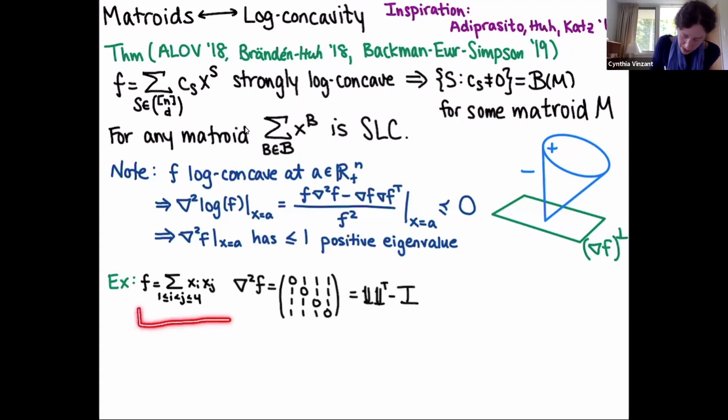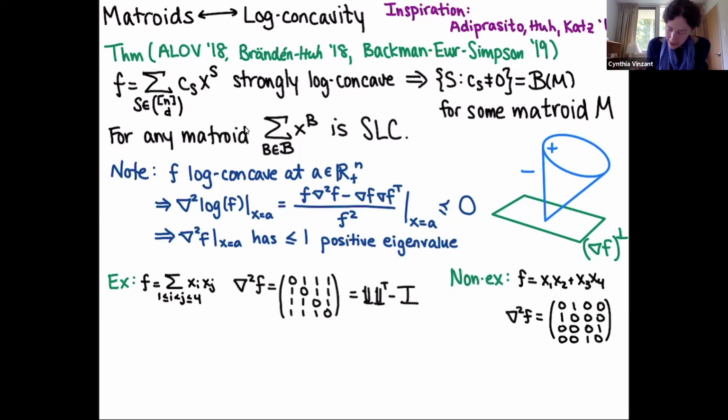Okay. So just an example. This is the basis generating polynomial of the matroid I got from those four vectors in the plane. Every pair of the numbers 1 through 4 shows up. And if I take its Hessian, I get just the all ones matrix minus the identity. You can check that this has exactly one positive eigenvalue as promised, corresponding to the all ones vector.